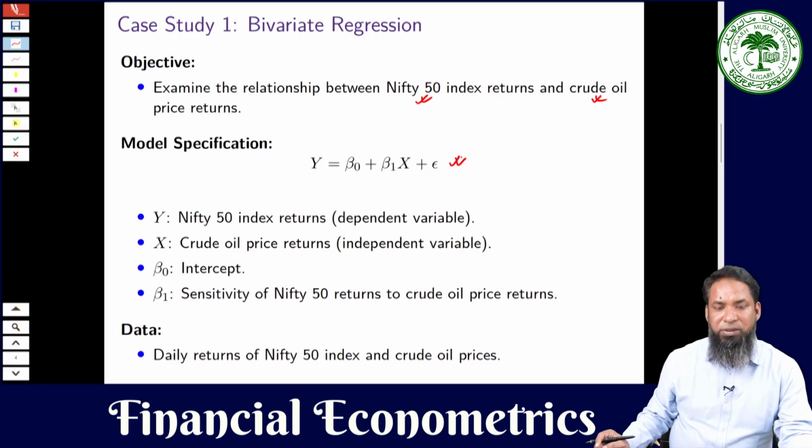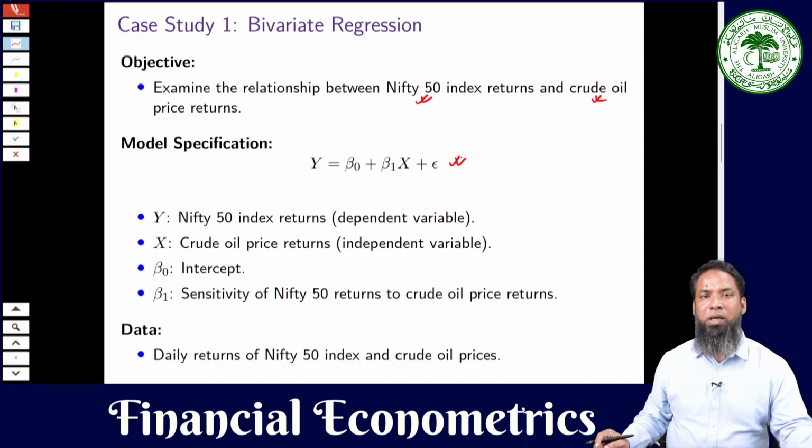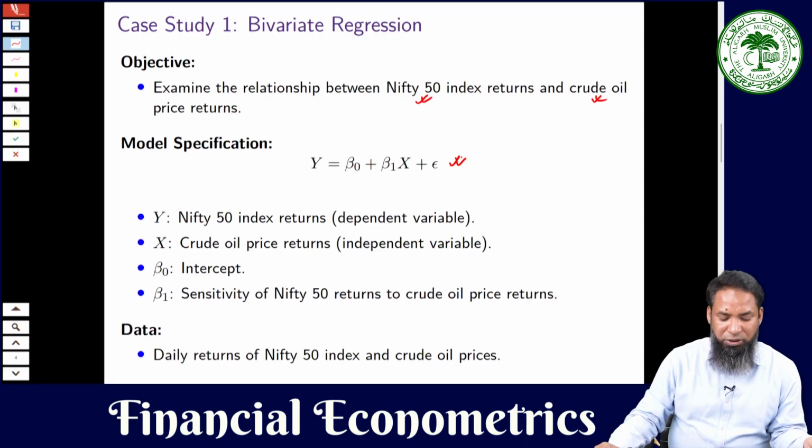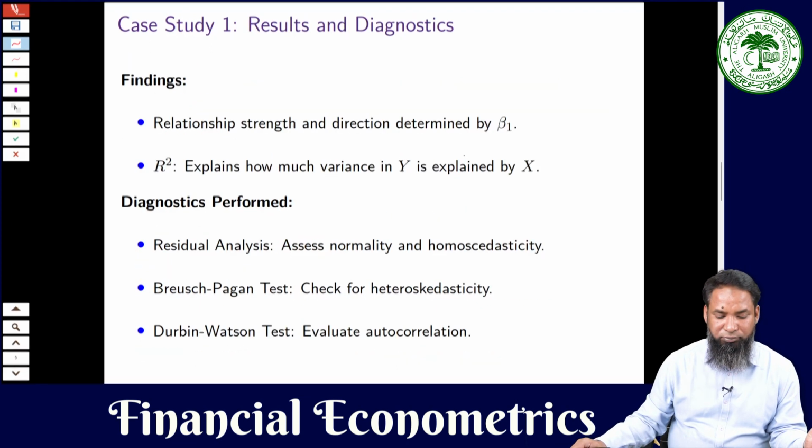The idea is to get the estimated values of beta 0 and beta 1. Beta 0 is nothing but the intercept, and beta 1 is the sensitivity of Nifty 50 returns to crude oil price returns. That means if there is a change in the crude oil price return, what will be the change in the Nifty 50 returns. That's what I'm going to discuss here.